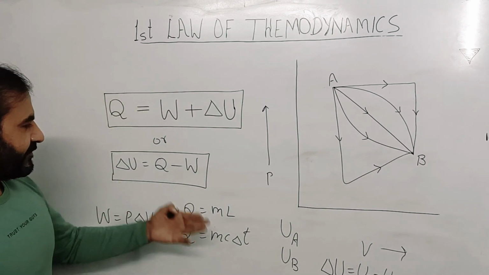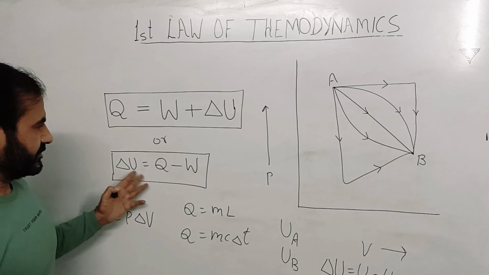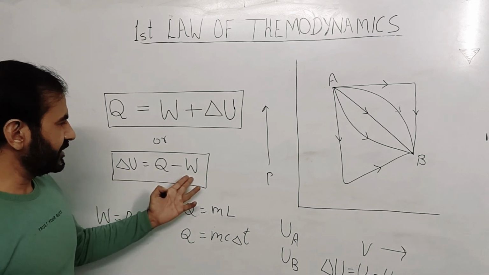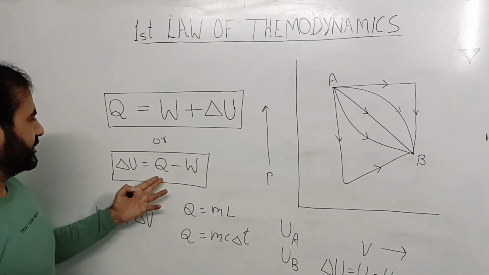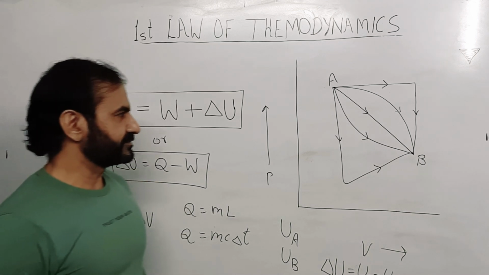But there is no direct formula to calculate delta U. We should know Q and W, and using this formula we can calculate delta U.